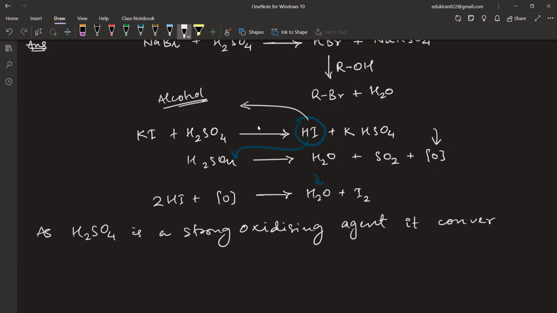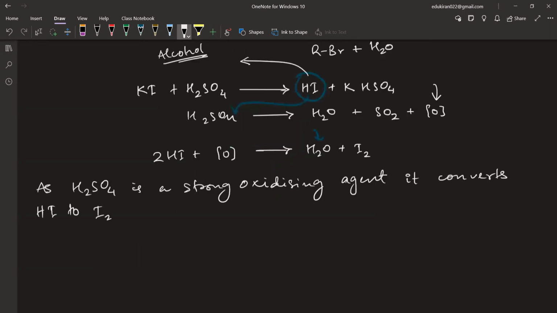It converts HI to I2, which doesn't react with alcohol.